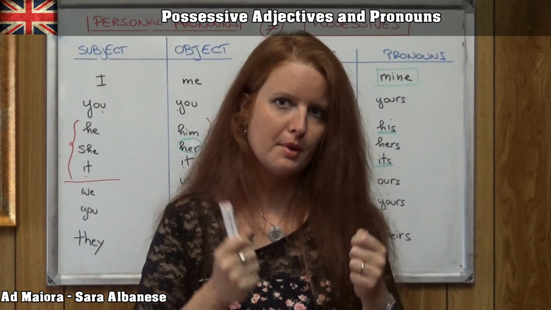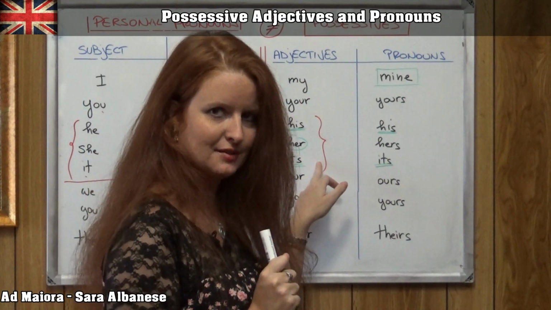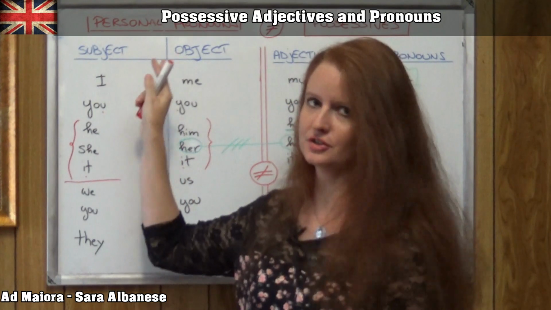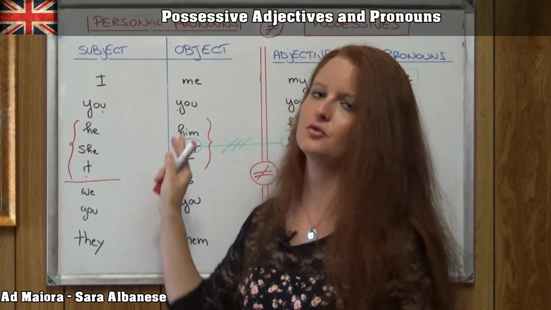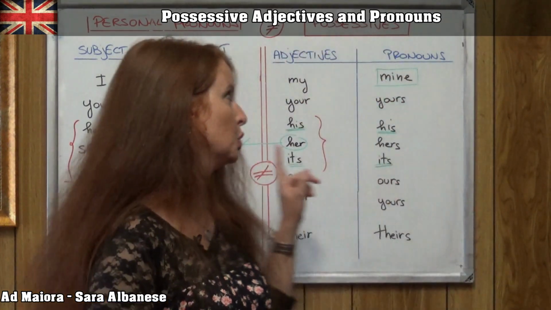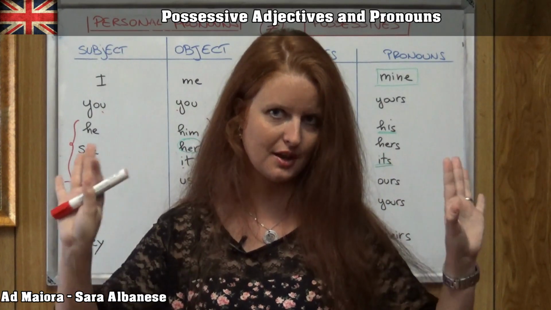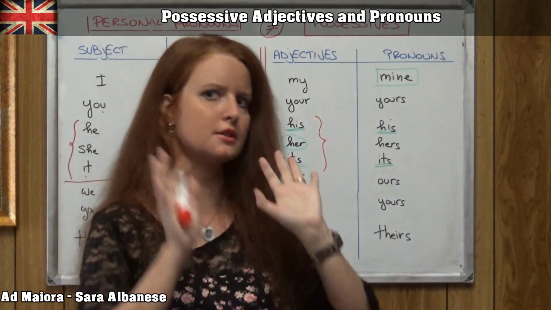Remember, her in this case is a possessive adjective. Her in this other case is something else, a personal pronoun. So her is an object for personal pronouns, but it is also an adjective for possessives. Two different things. When it is a possessive pronoun, then it becomes hers, completely regular.